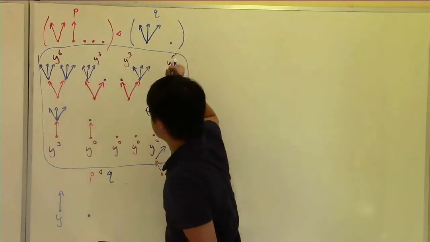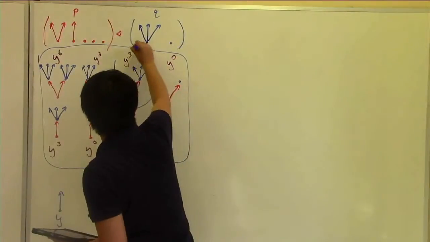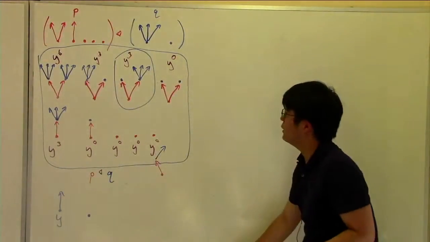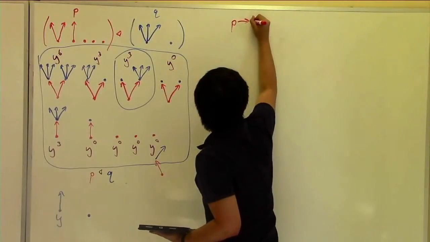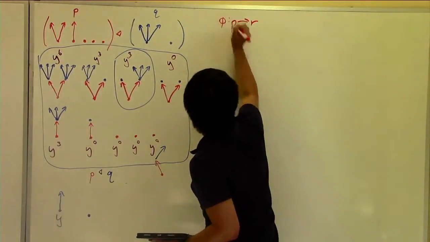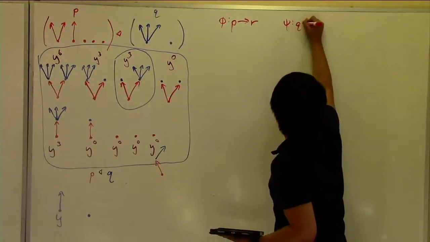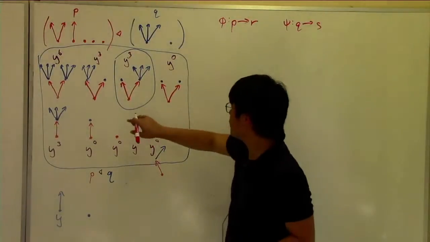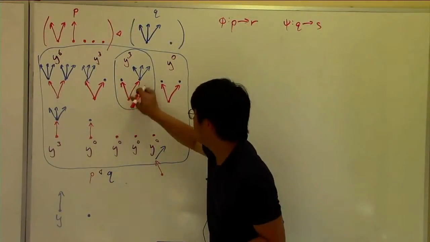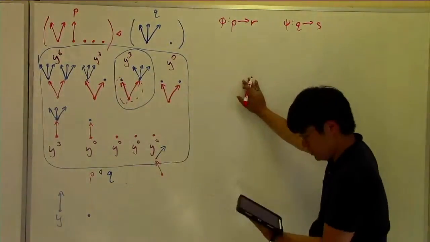Let's say we want to figure out where this position gets sent to. Well, let me actually write these out. So we have maybe some morphism phi from P to R, and then some morphism psi from Q to S. And so this morphism from P to R should give us a position for this bottom position of P to get sent to, right?